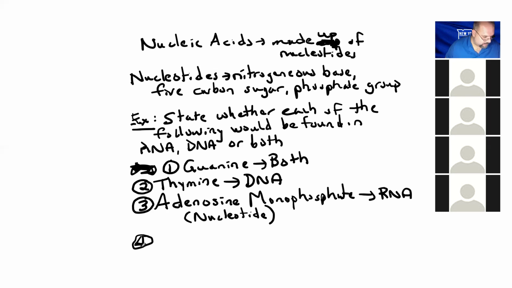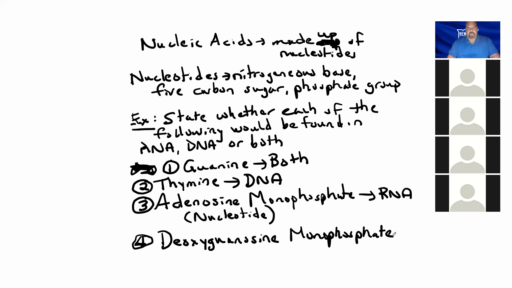Let's do deoxyguanosine monophosphate. Now again, this is another name of a nucleotide. And if we think about the nitrogenous base, guanosine, guanosine refers to which nitrogenous base? Guanosine refers to guanine.